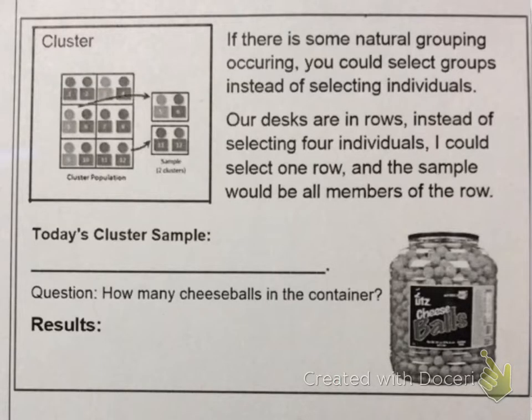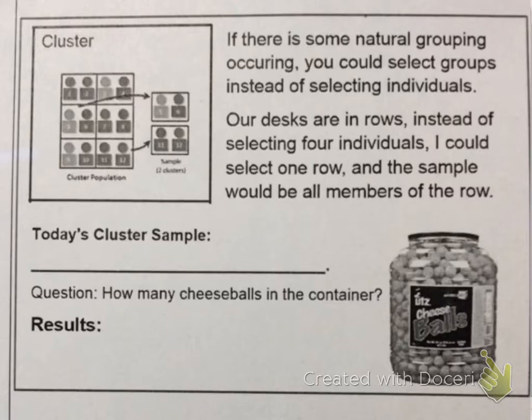The next way that we can sample people is called a cluster. If there is some natural grouping occurring, you could select groups instead of selecting individuals. Our desks are in rows. Instead of selecting 4 individuals, I could select 1 row, and the sample would be all the members of the row.